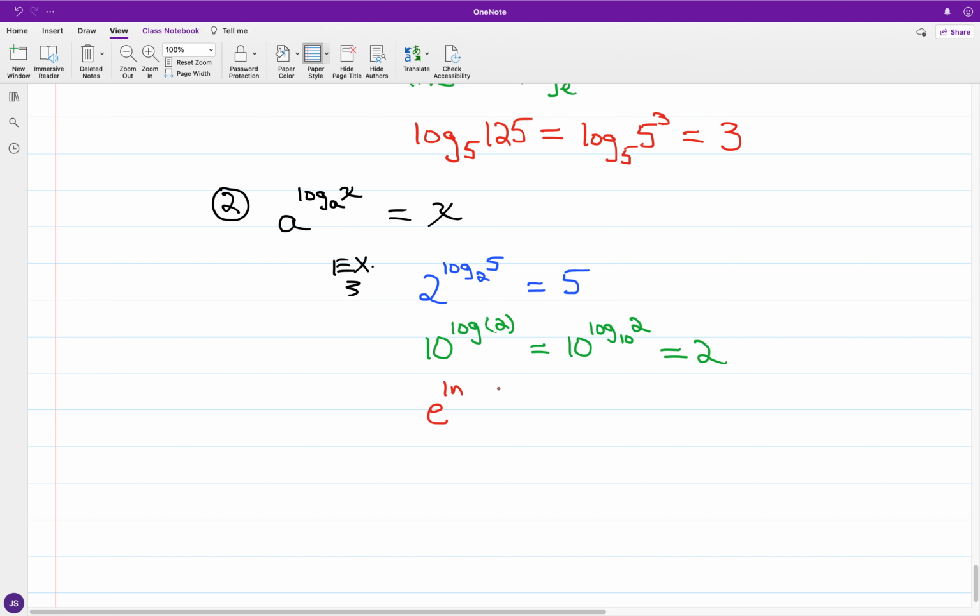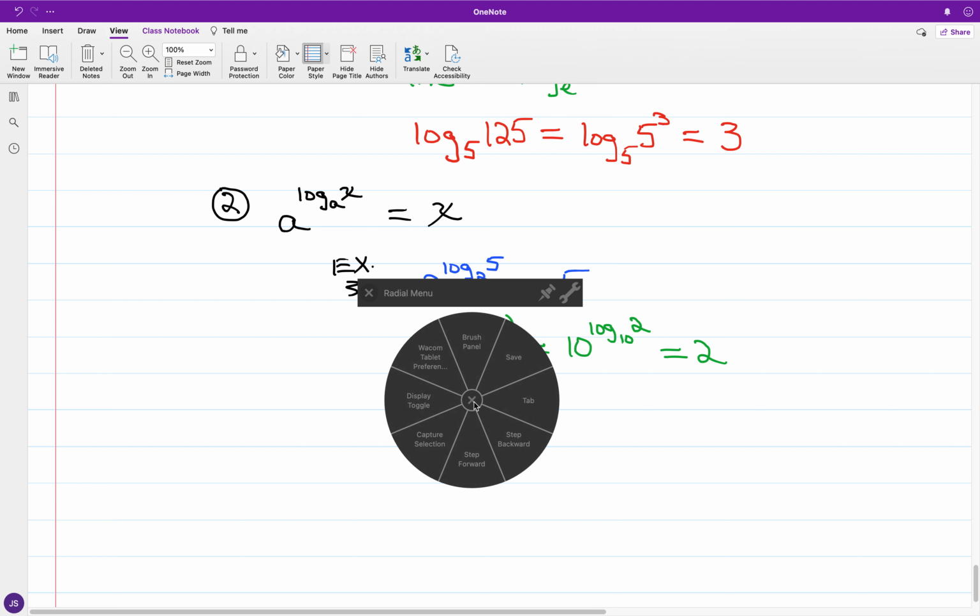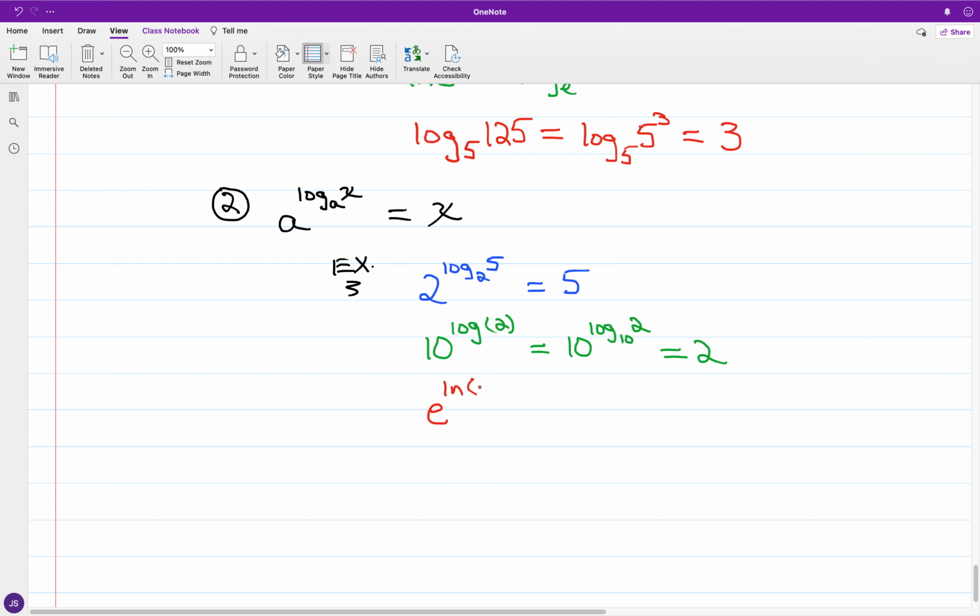If I have something like e to the natural logarithm of 10, the natural logarithm is a base e logarithm. So e to the base e logarithm of 10, think of a as being represented by e, and x is represented by 10, and that is going to be the ultimate result here.